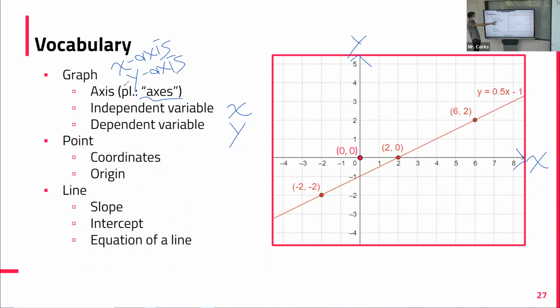Okay. So if we had a graph of, say, speed, it would have time as our independent variable on x, and then distance as the dependent variable on y, or maybe units sold of something, and then, what are our profits? So the profit depends on how many things we sell.